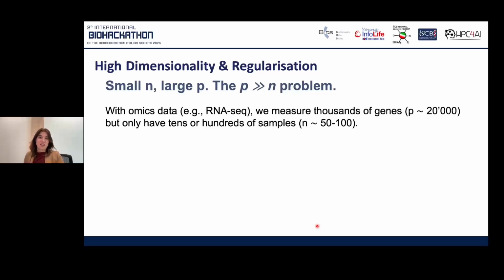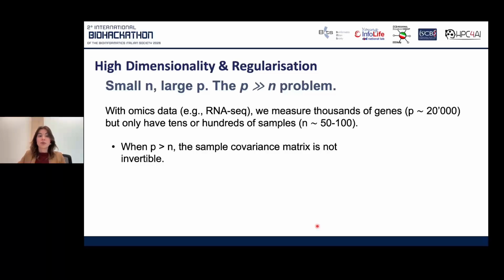Now, we still have another problem. With omics data like RNA sequencing, usually we measure thousands of genes, like 20,000, for example. And we only have, if we're lucky, 50 to 100 samples. So the number of predictors is often way higher than the number of samples, which means that the covariance matrix is not invertible.